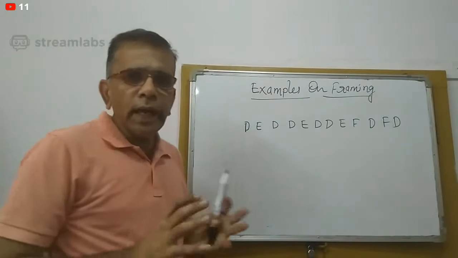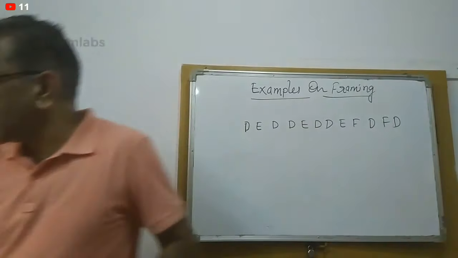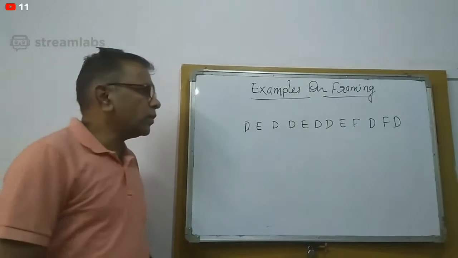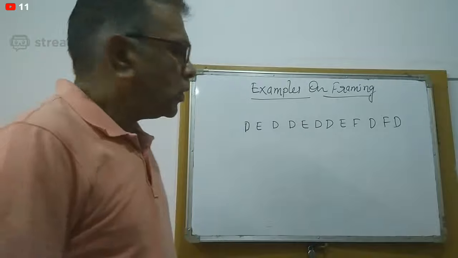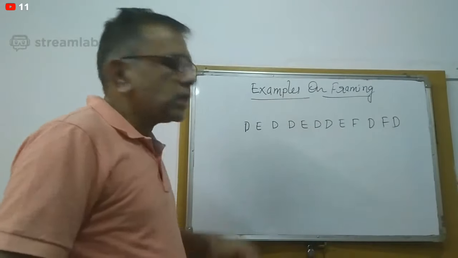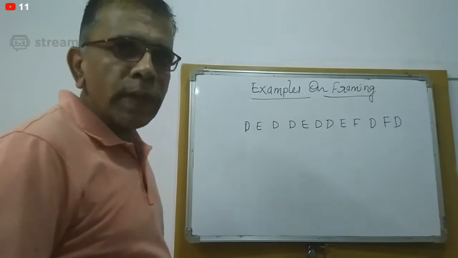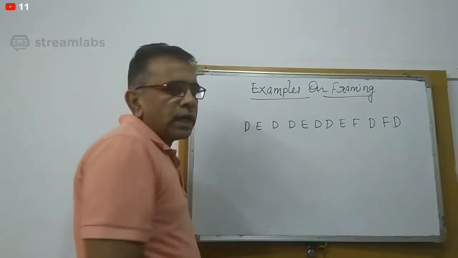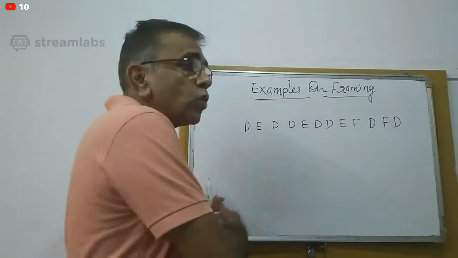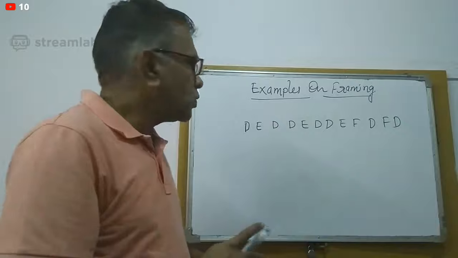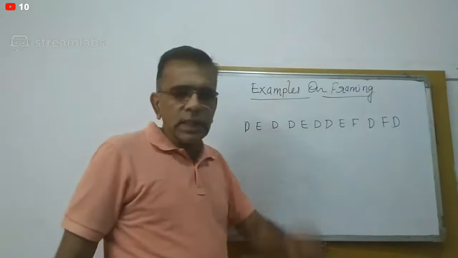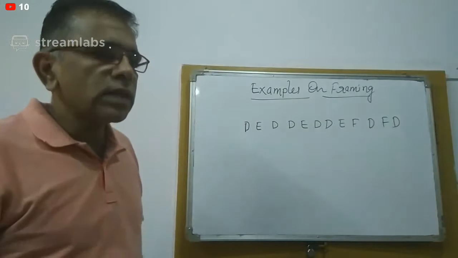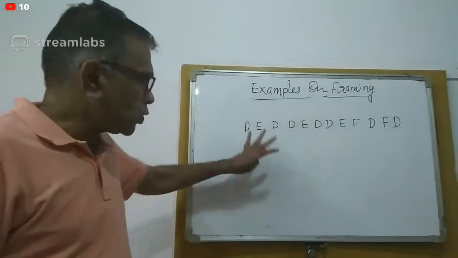Okay, so already I discussed this particular stuffing in one of the videos, where we were using the stuffing technique to separate my special characters from actual flags. So in this case, this is the message that is generated by some sending entity. We need to stuff this.